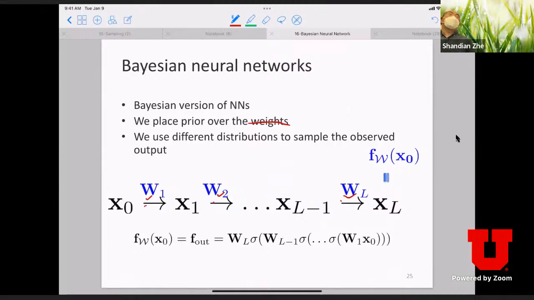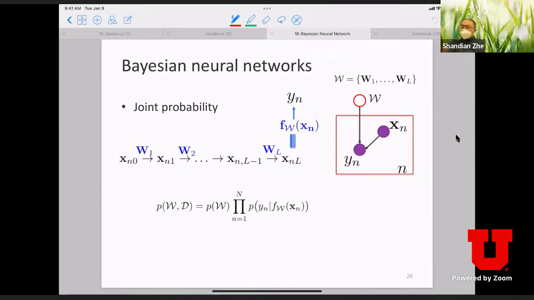That is a Bayesian neural network. You can imagine that now W1, W2 to WL are random variables. Then given any instance of those random variables, the output of the neural network is a random variable as well, because it is a function of the Ws. Because W is a random variable, f of W, X0 will be a random variable as well.